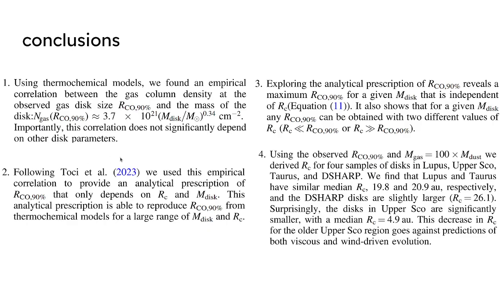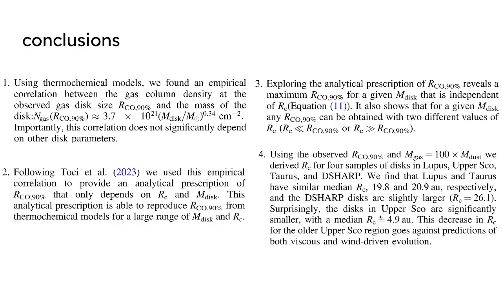Then they created an analytical prescription for the connection, great, nice idea. Then, analyzing the analytical prescription, they found that there is a maximum R90 for a given M disk, and there are two solutions for a given R90 and M disk.